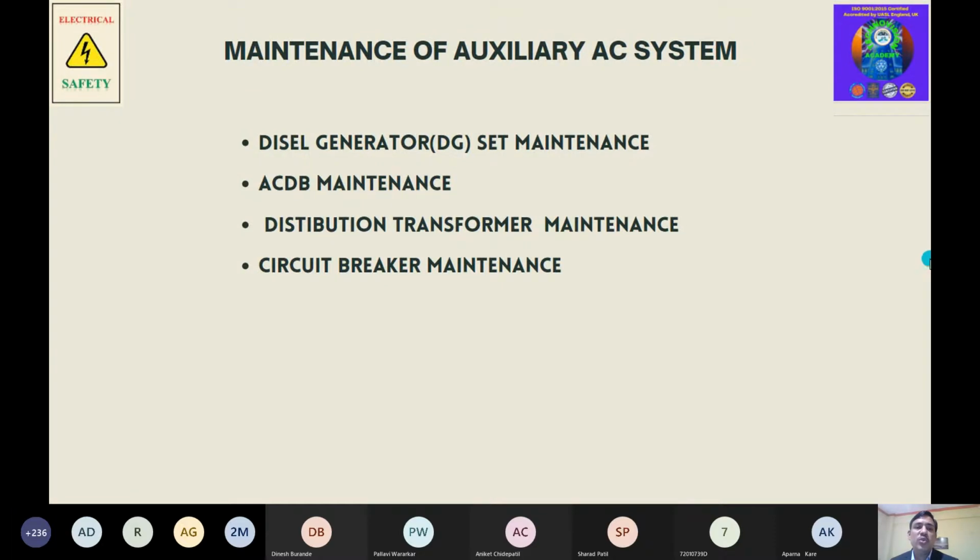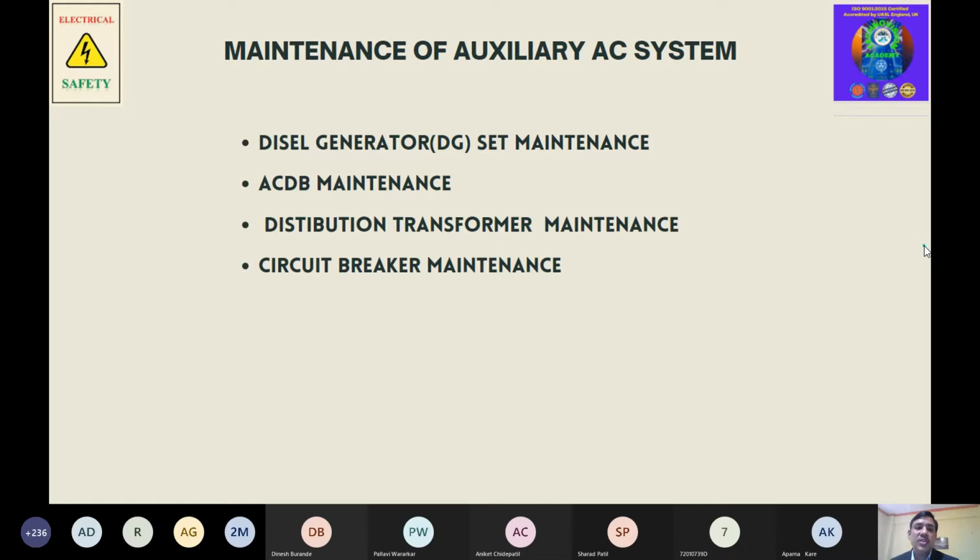For this, weekly we have to take trials of the DG set, whether it is working or not. Whenever I interrupt one source, at the same moment my DG set should start, so that I come to know that my DG is ready to take the load. That precaution I have to take.